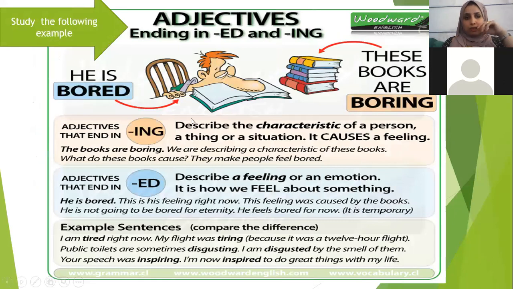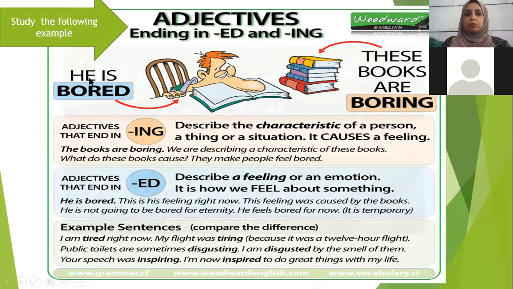So let's see this. He is bored and these books are boring. So what is the difference between this one and this one? Because I always tell you that changing adjectives, changing tenses, changing pronouns, changing any part of speech you use in English is you trying to give a different meaning, okay?